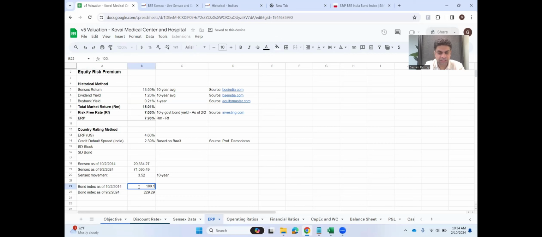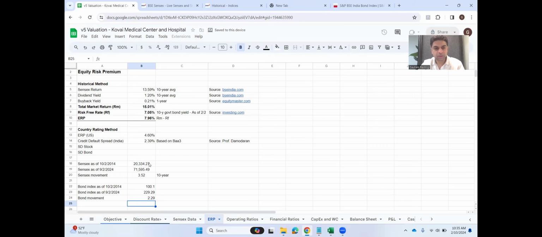In fact, that was the time when this index started, which is why it's near 100. So how has the bond moved, or the bond return, you can call it? It's just that this is not in percentage terms. It's the latest bond index divided by the bond index as of 2014, so it has moved around 2.29 times.